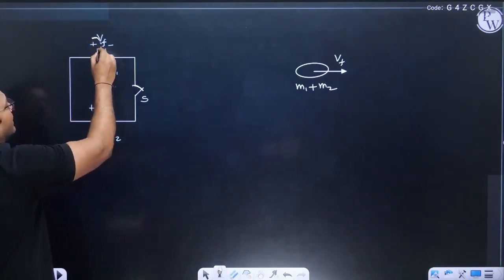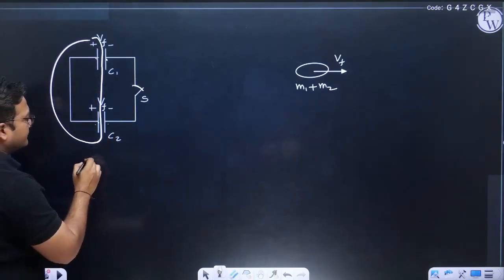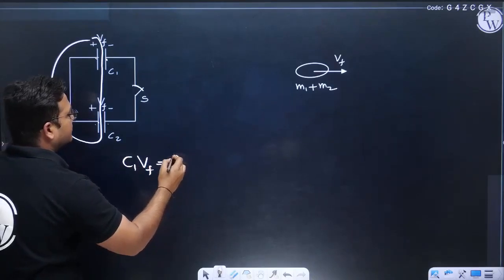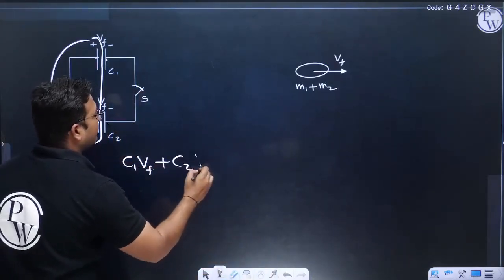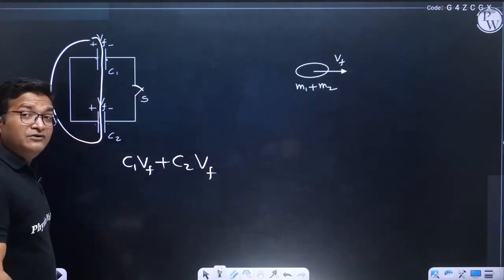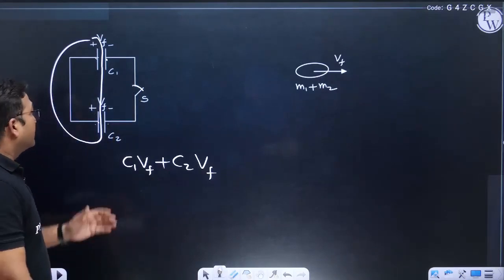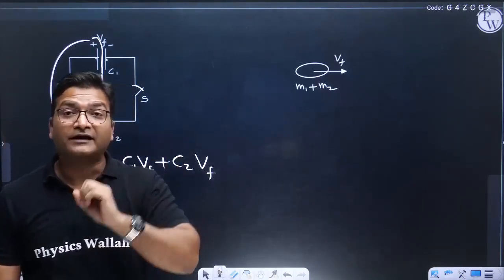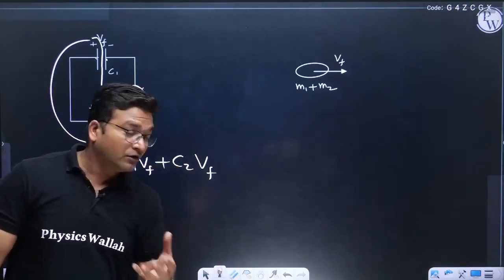So the charge on left plates combined would now become C1 VF plus C2 VF. But as you know, the charge on left hand side will remain conserved. It cannot go on the right hand side. So charge on left hand side has to remain constant.